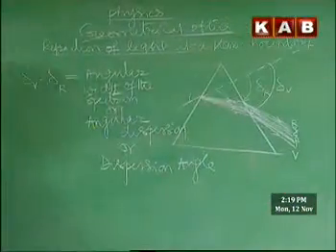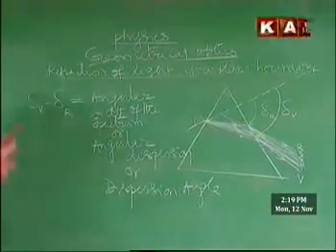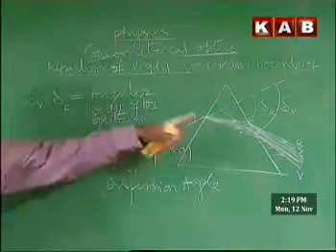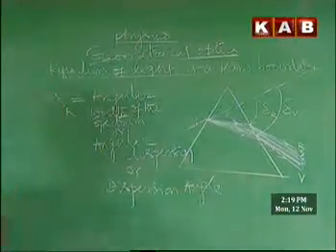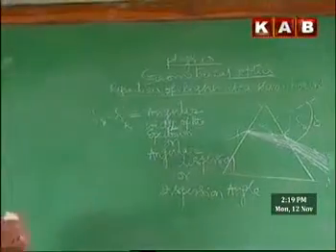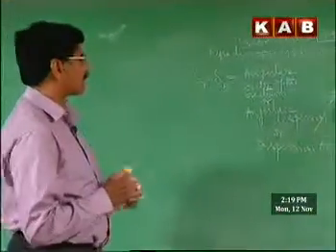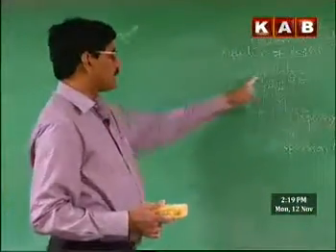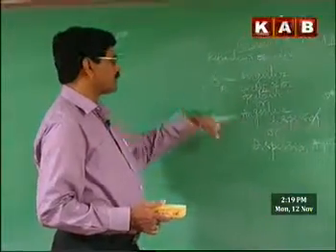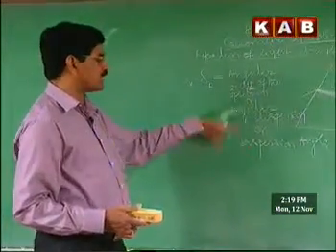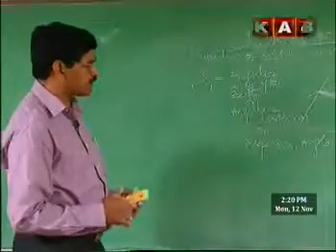These are the names used for this angular width. This is the angular width of the spectrum because over this angle the spectrum of 7 colors is distributed by the prism. The angular width of the spectrum produced by the prism, or angular dispersion produced by the prism, or dispersion angle of the prism.